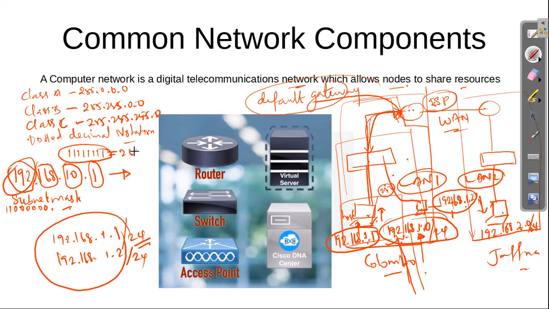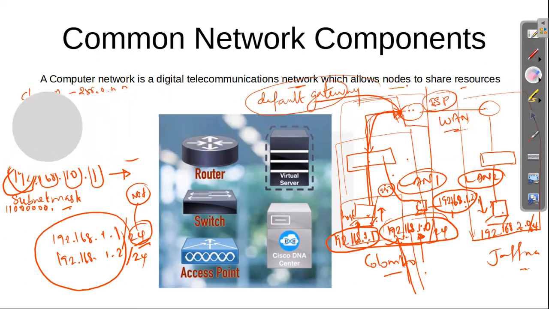Here 8, here 8, here 8, altogether 3 times 8, 24. That's why 24 is mentioned here. All ones denote the network portion. Don't worry if you cannot understand, I will explain later.